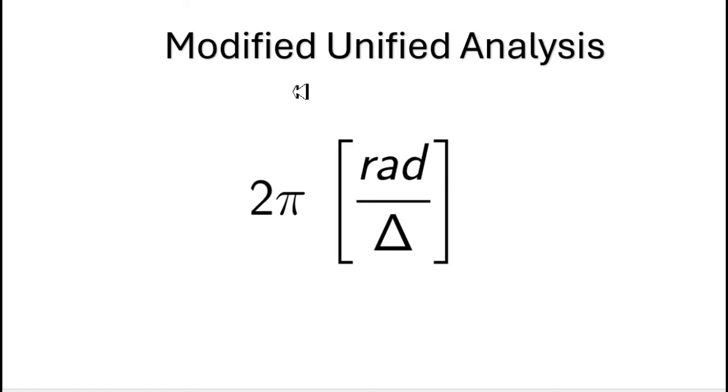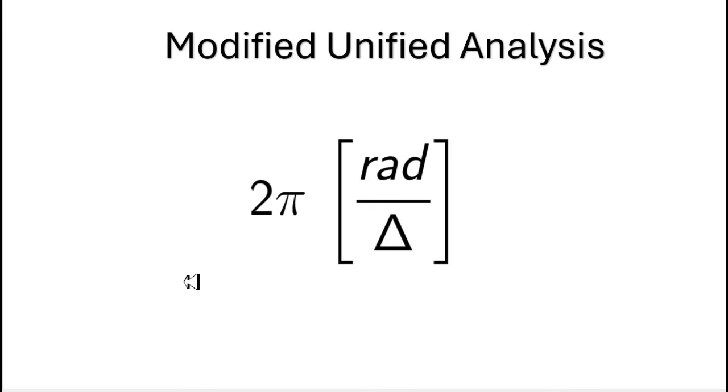So I'm modifying unit analysis to insist that we put radians and cycles back into the unit analysis, and this is something that was historically and by convention taken away. This was taken away from us, and I want to give it back.